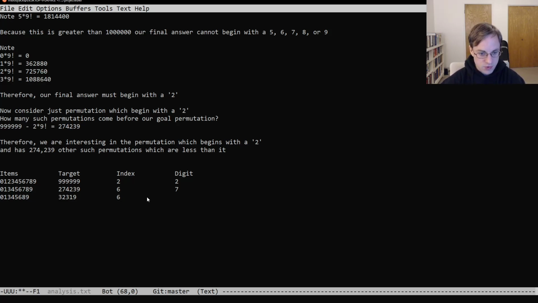That corresponds to 0, 1, 2, 3, 4, 5, 6. The digit is 8. Paste our new target. And we removed digit 8.